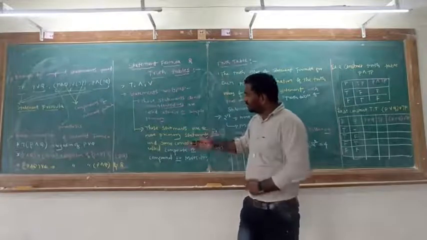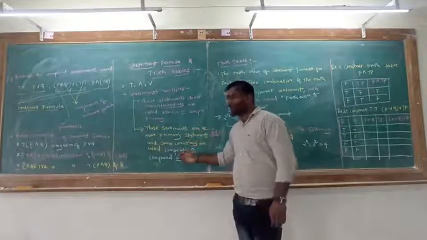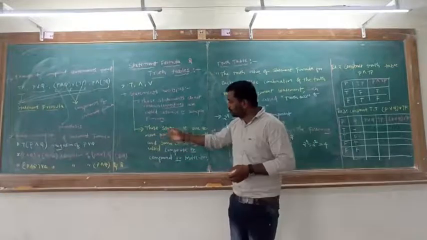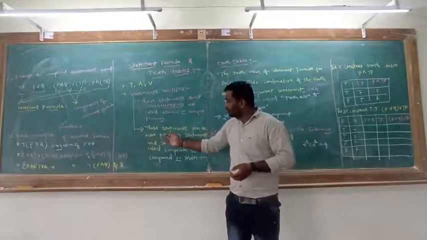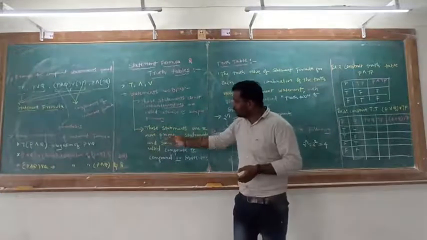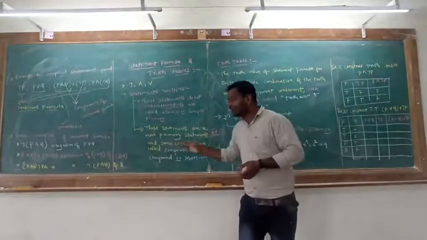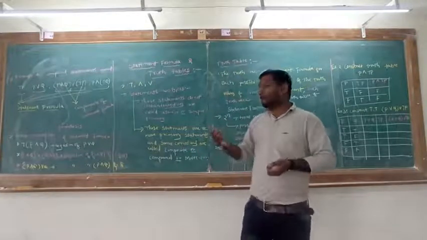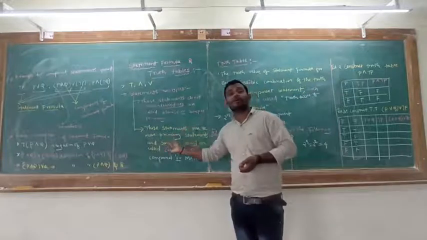The second type of statement is the composite, compound, or molecular statement. These statements have one or more primary statements and some connective symbols.